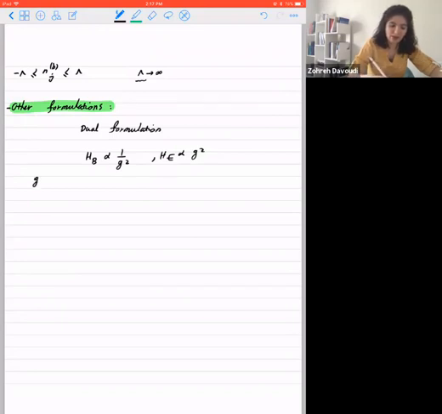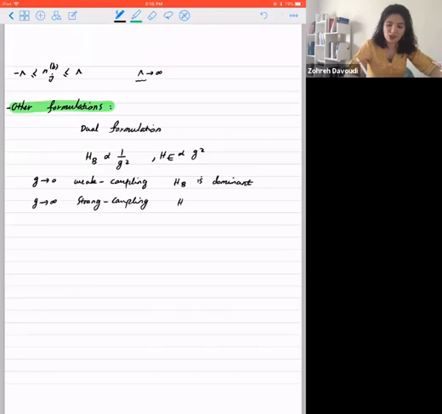So in the limit where g goes to 0, which we call the weak coupling limit, obviously H_B is dominant compared to H_E, right? But in the limit of g goes to infinity, which we call the strong coupling limit, H_E is more dominant, right?